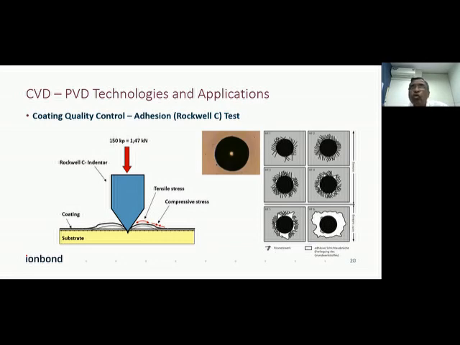So there is no impact on core properties of these tool steels, as we are not touching the tempering temperature of the material. So absolutely no change in the core properties. We can have very well coating on the surface.